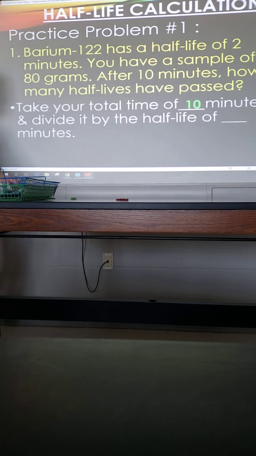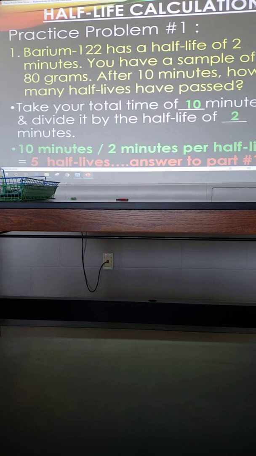It said it has a half-life of 2. All right, so once you've determined that, you take your 10 minutes and divide it by your half-life of 2 minutes. And so you end up with 5 half-lives. Awesome. Not too bad, right? And you're always allowed to use a calculator. I don't have a problem with that.